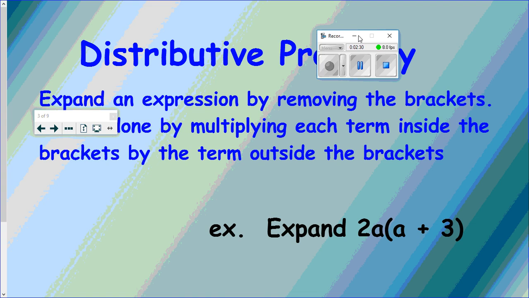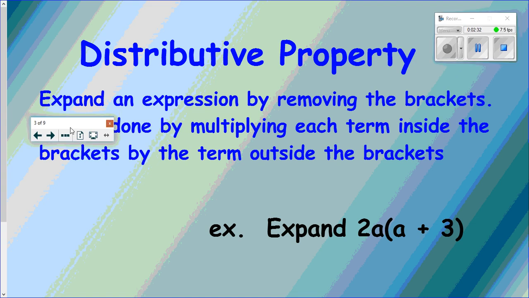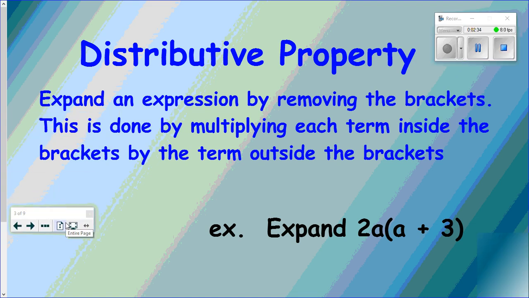Now, last year you would have looked at something called the distributive property. And what happens is that whatever's on the outside of the brackets gets multiplied by everything inside the brackets. So here we have 2a. So it means that the whole thing gets multiplied by a and multiplied by 3.